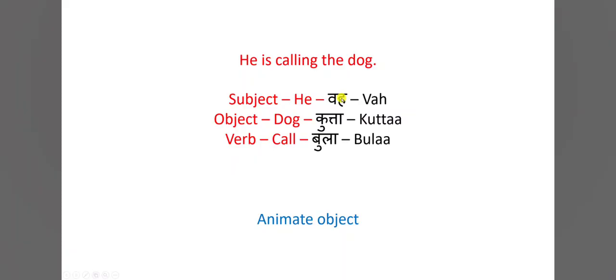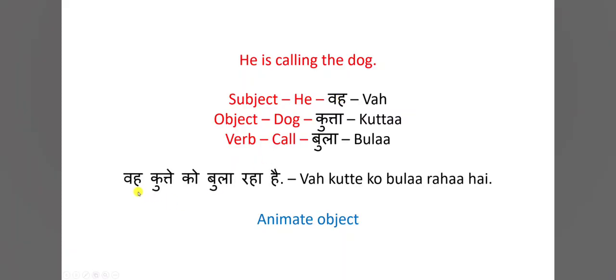This sentence in Hindi would be वह कुत्ते को बुला रहा है. वह is he. Kutta is dog. Ko is the postposition. Bula raha is calling, hai is.